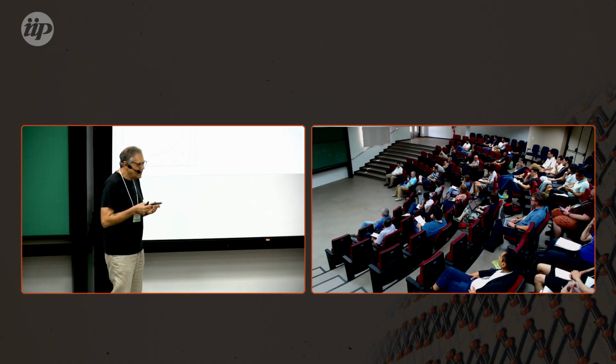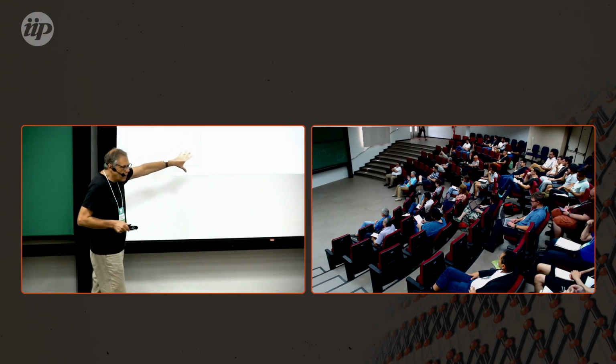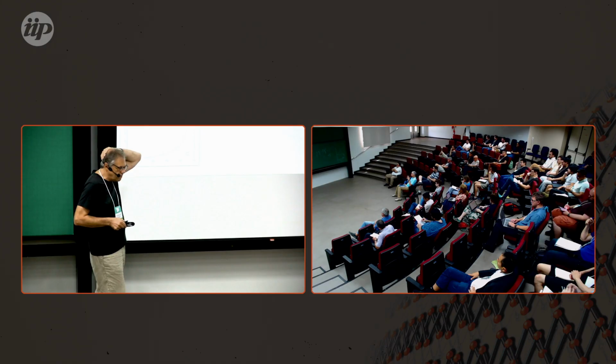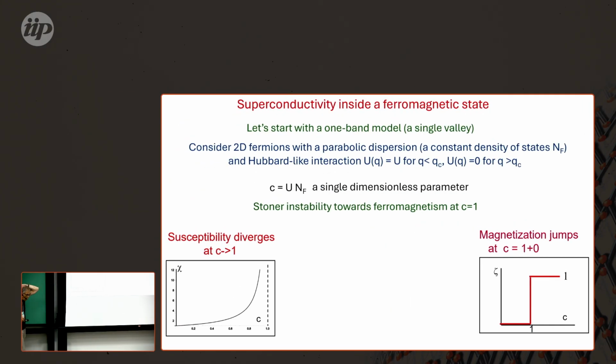Absolutely. There will be no Stoner instability. Let me try to quickly answer, because otherwise I will not get to my talk. So the story goes like this. What I told you is the mean field story. You start looking at corrections to mean field. There are corrections to mean field, and some of these corrections are important.